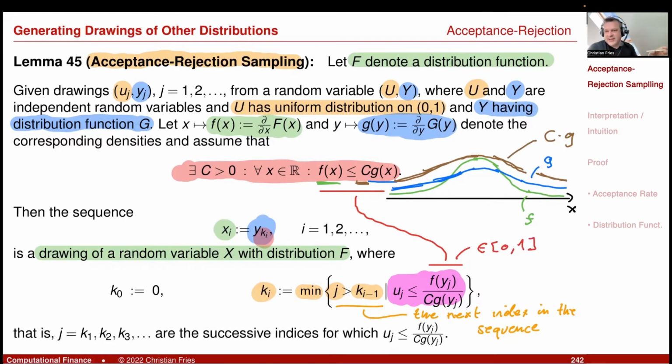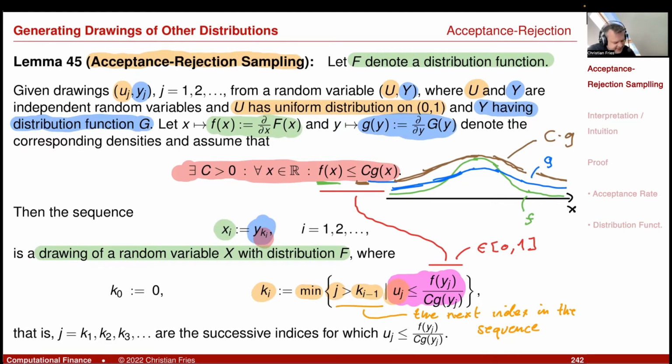So this condition implies that this ratio is between 0 and 1. So it's some number in the interval 0 and 1, and I just make now a drawing of my uniform. So this guy here is my uniform, and I check if the u is below that level or above. If it's below, then this defines the index where I take the value y. If it's above, I continue and I go up.